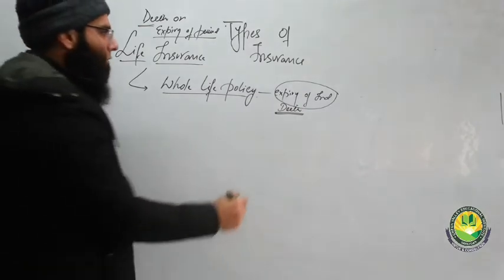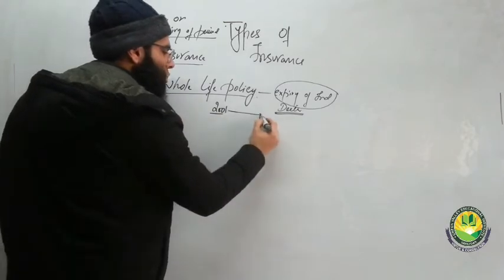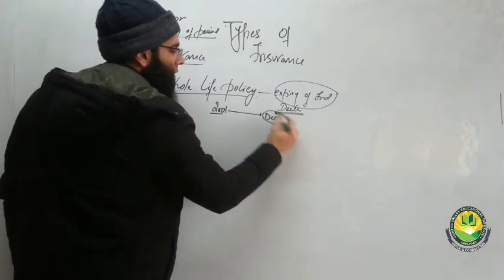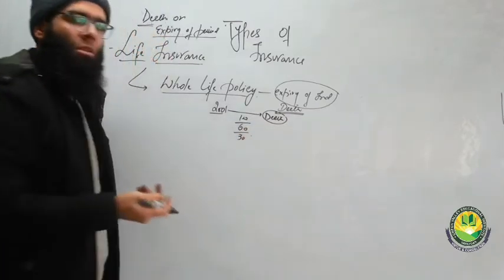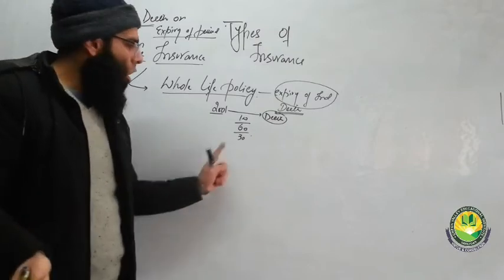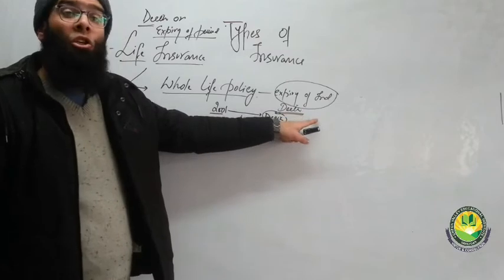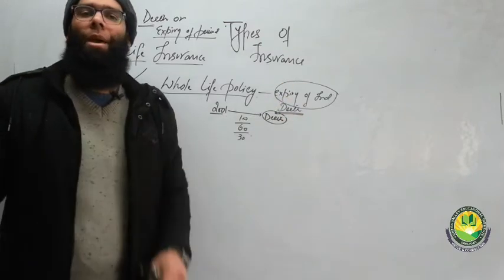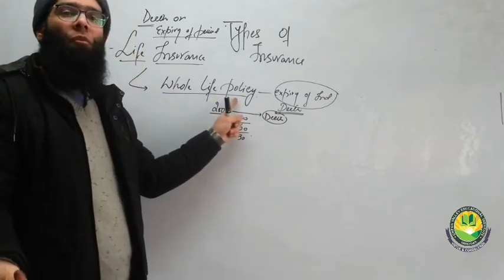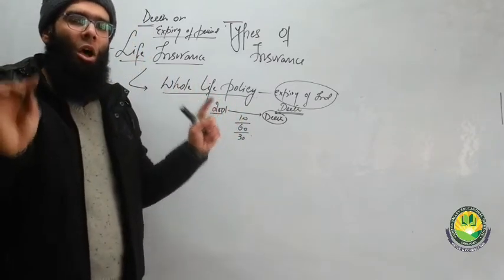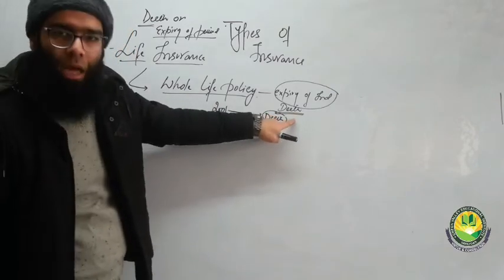Supposedly, if a person has taken up the policy in 2001, it will mature only at his death, whether he lives 100 years, 60 years, or 30 years. The time period is irrelevant. Only after his death will this policy mature and the insurable amount be paid to the beneficiaries mentioned in the policy. So that is what we call the whole life policy, where there is no time period, and the compensation is paid only when the death of the individual has occurred.